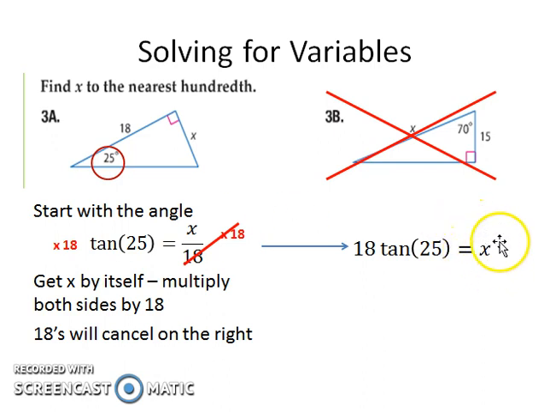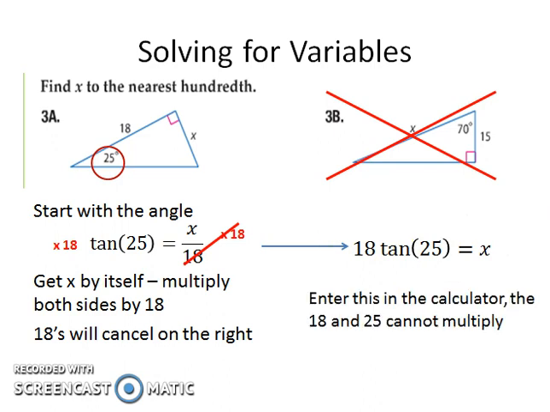Well, here's x all by itself, which means this is what we need to enter into our calculator for our final answer. You're going to enter it exactly the way you see it. The 18 cannot multiply inside to the 25. Remember, this refers to the tangent ratio of a triangle with a 25-degree angle.